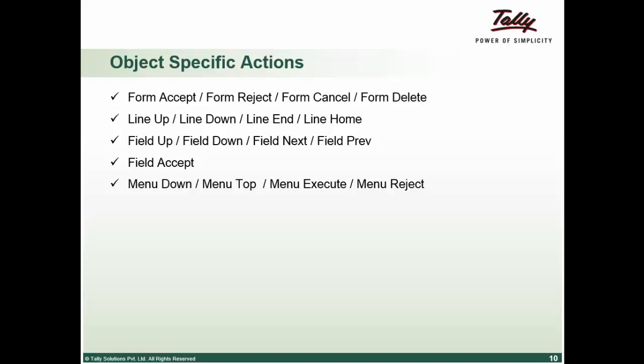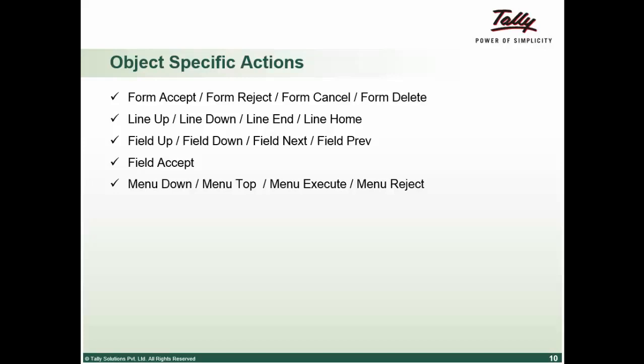So there is form accept, form reject, form cancel, form delete. All these actions will be performed on form. Line up, line down, line end, line home will be performed on line. Menu up, menu down, menu reject, menu accept, all this will work on menu.